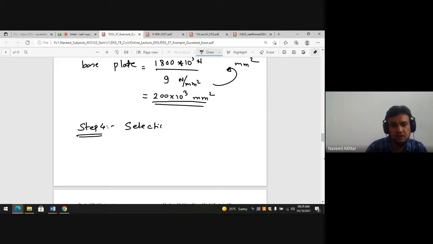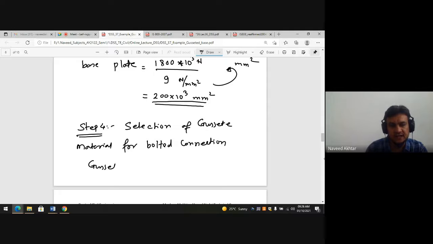If a bolted connection is there, you know that we need a gusset plate plus a gusset angle. If bolted connections are there, we need these two.